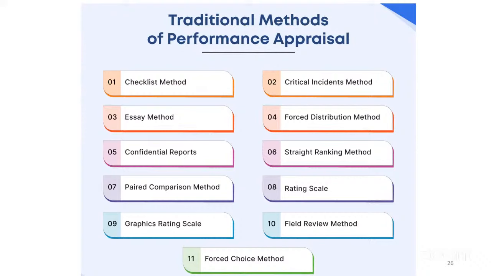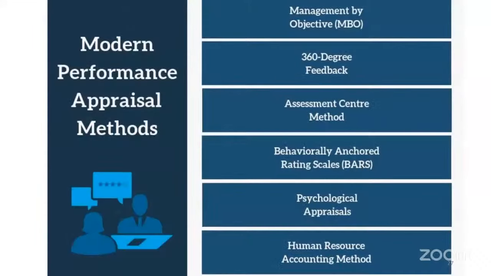Each of their examples I have given you in a class, so you people should remember that. I have shown the pictures of everything so that it will be easy for you to remember. So this is our traditional method. Now, the modern performance appraisal methods are MBO, that is management by objective, 360-degree feedback, assessment center method.